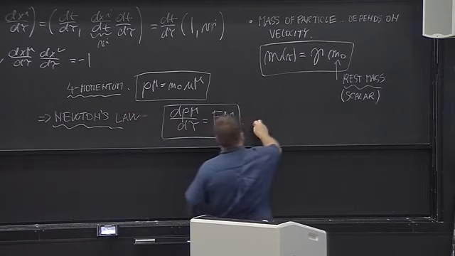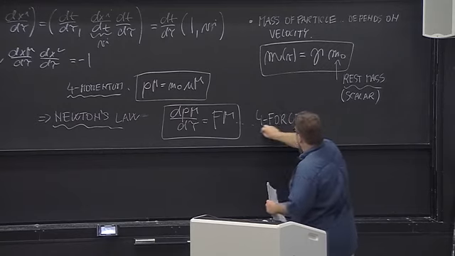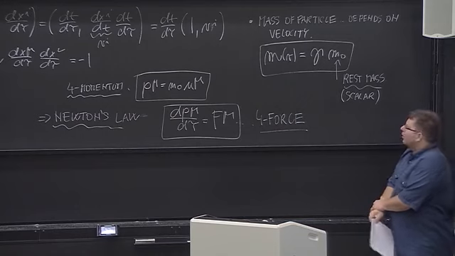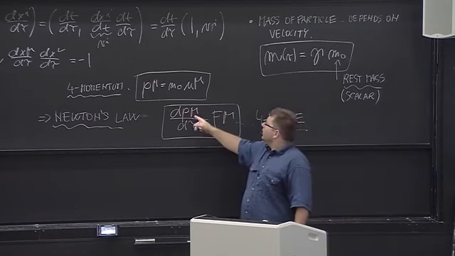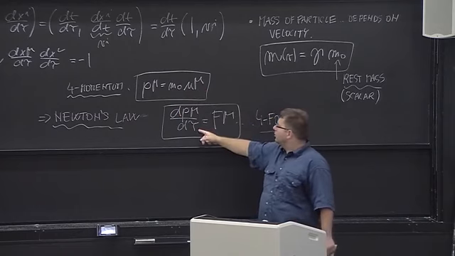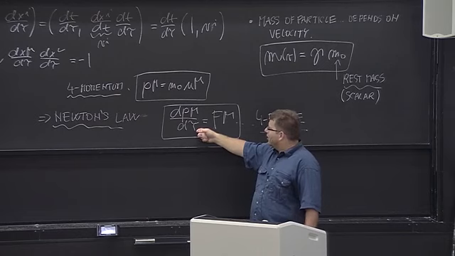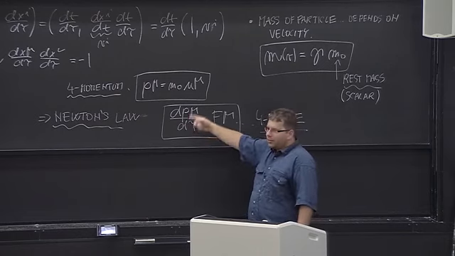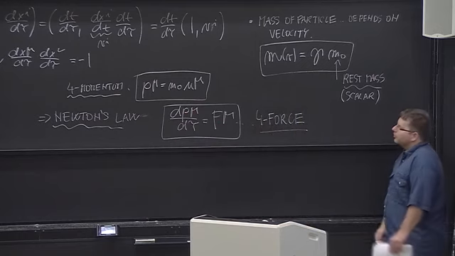And this is the four-force. Of course, I can take this m0 out, and what remains is just du^μ/dτ. So I have to divide by proper time, because that's a scalar. Otherwise, if I just used t, this would mess up the vector property of the left-hand side. Right? So this is the four-force.